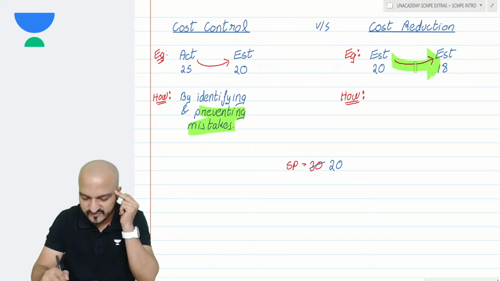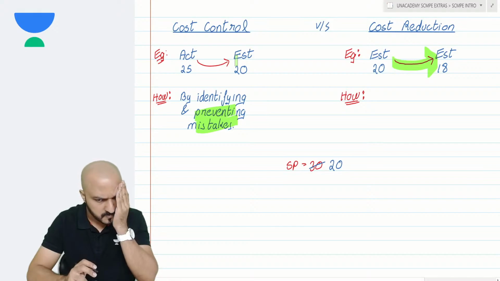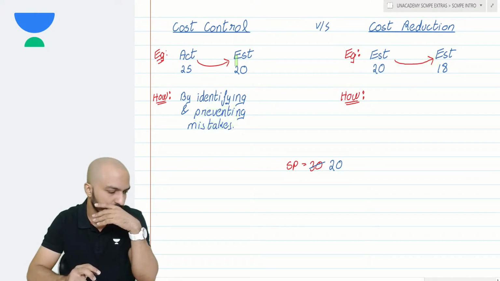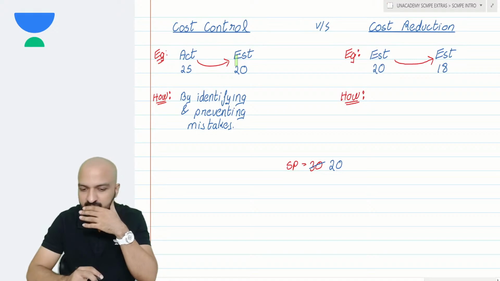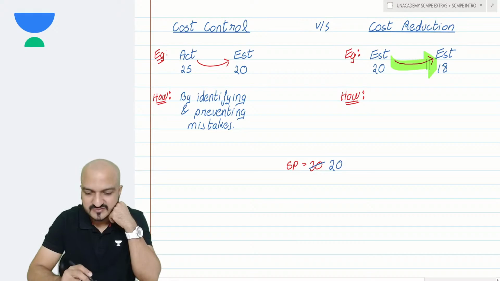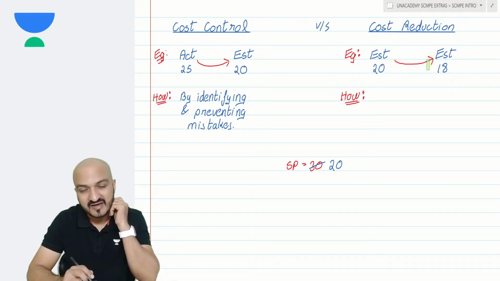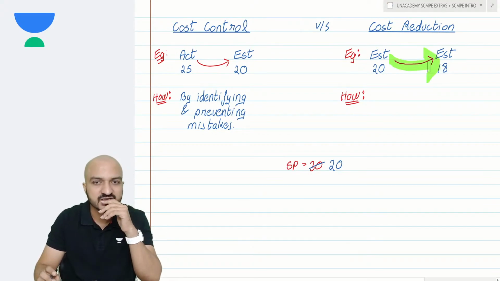Come on, tell me, can I achieve this decrease by preventing mistakes? Pooja says yes. But I say no, Pooja. This decrease cannot be achieved by preventing mistakes.